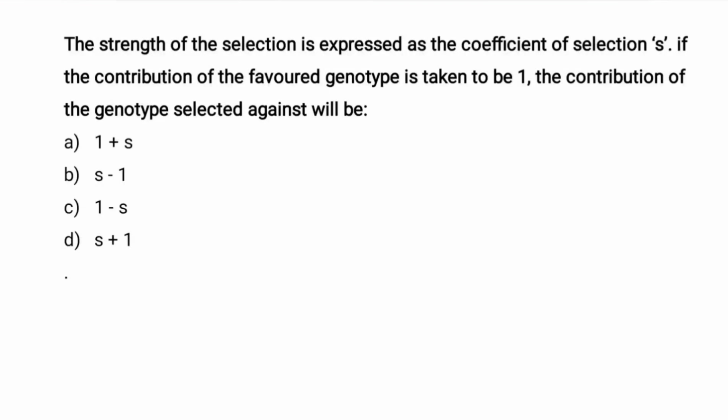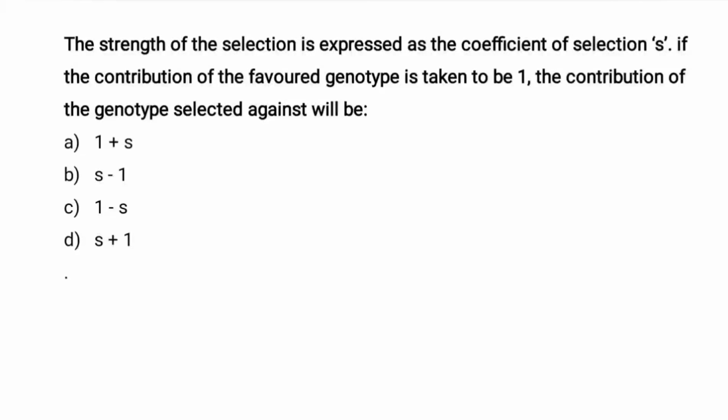Our next question is, the strength of the selection is expressed as the coefficient of selection, which is given as S. If the contribution of the favored genotype is taken to be 1, then the contribution of the genotype selected against will be? The coefficient of selection is usually taken to be a measure of the extent to which natural selection is acting to reduce the relative contribution of a given genotype to the next generation.